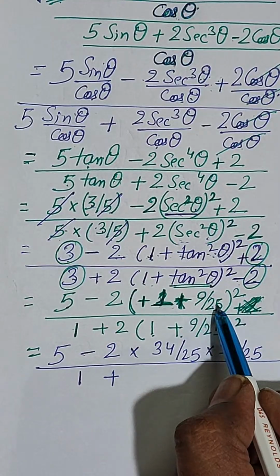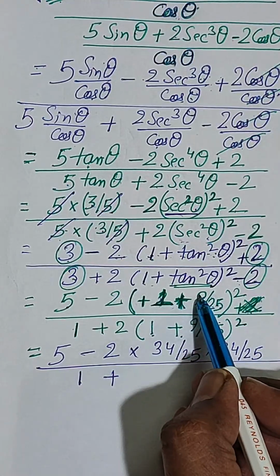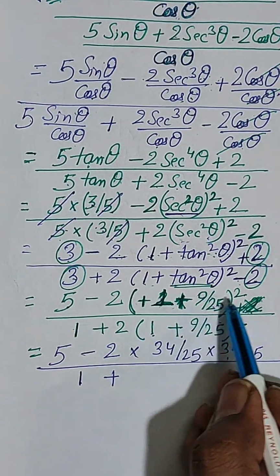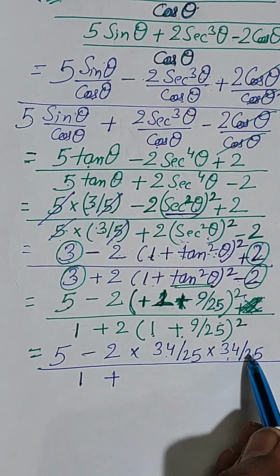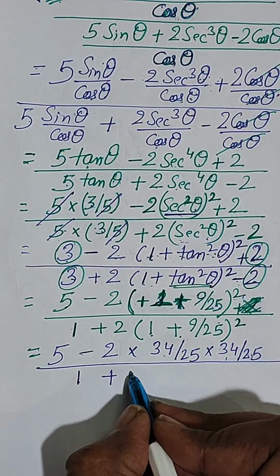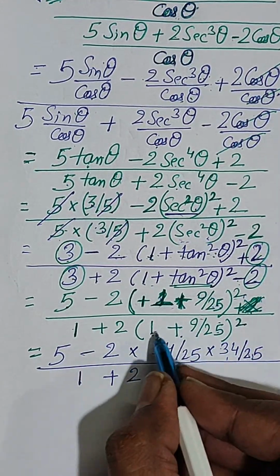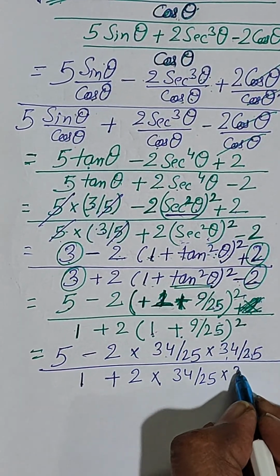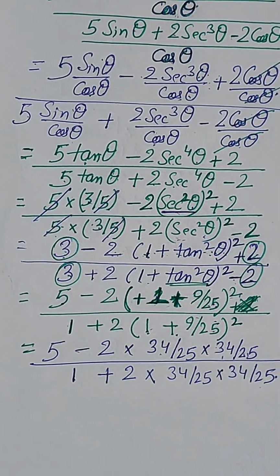Because 25 is taken as LCM and 1 into 25 is 25. 25 plus 9 is 34. So I am writing 34 by 25 here, and the value is 2 times. You can see the square, so that's why 34 by 25 into 34 by 25. Similarly, into the denominator, it becomes plus 2 into 1 plus 9 by 25 is 34 by 25, and it's 2 times 34 by 25, right?